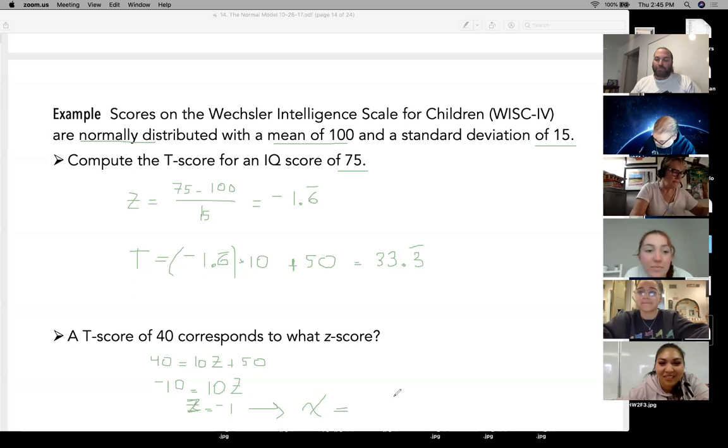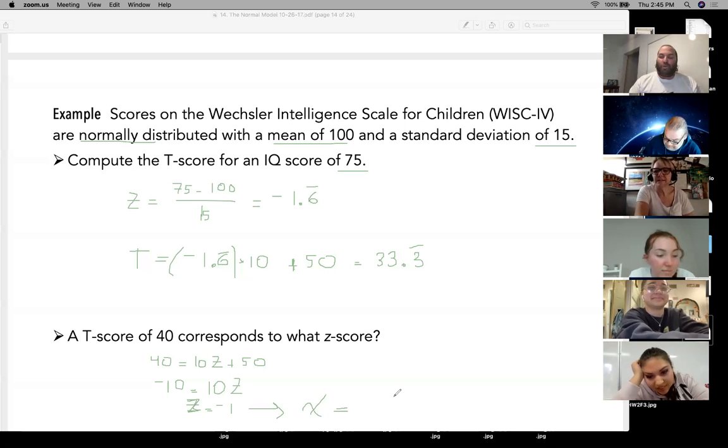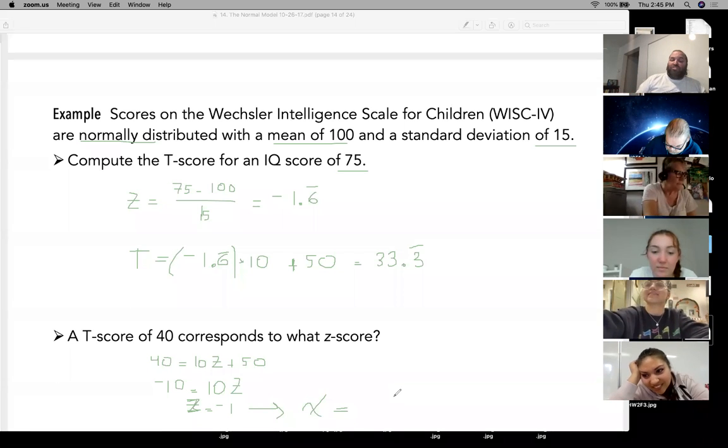So we have the Z-score and we need the original. What score do you need? What if you got a T-score of 40, which is a Z-score of -1? I'm asking. The Z-score is -1.